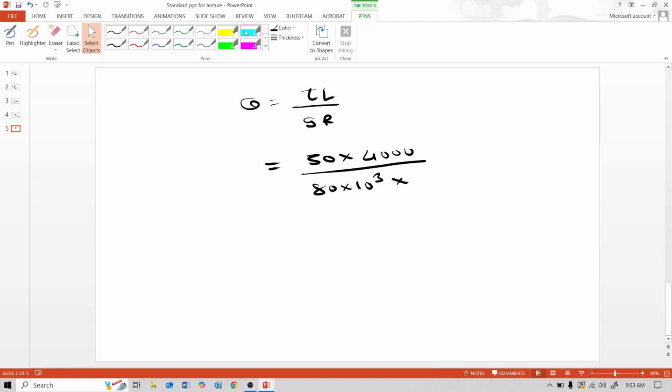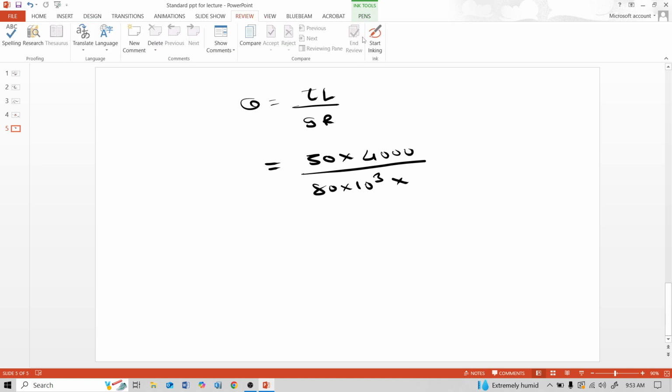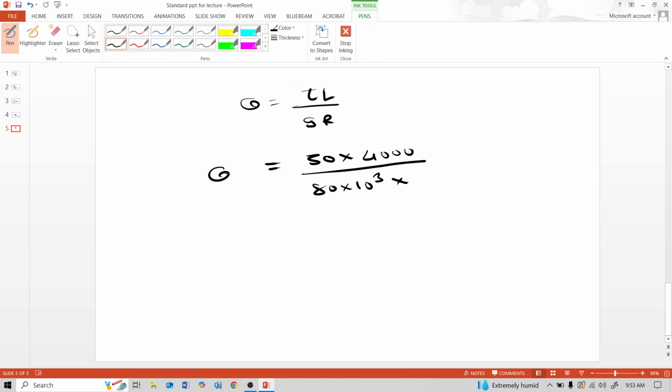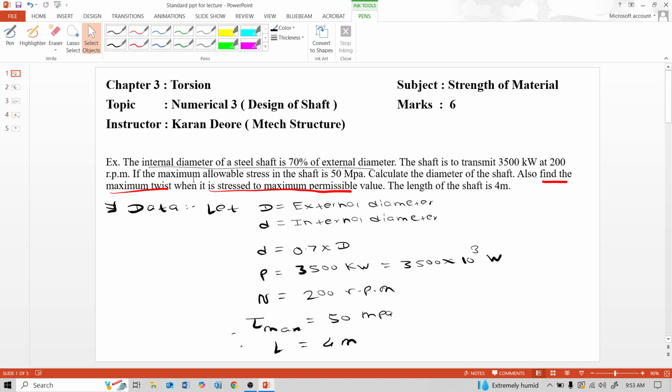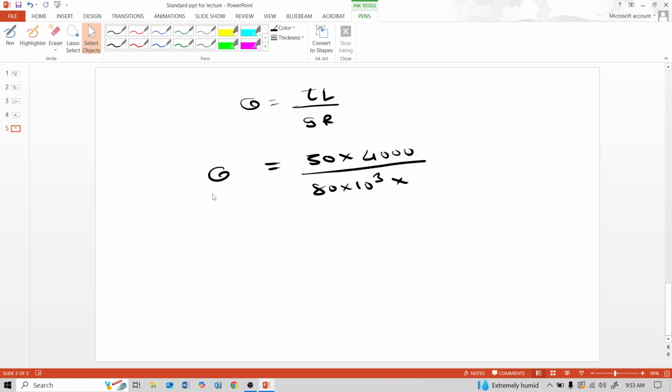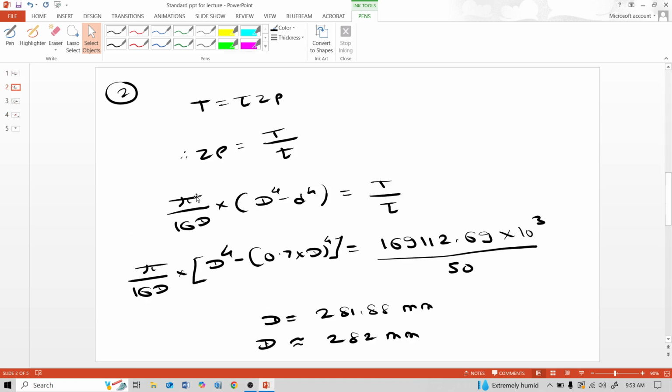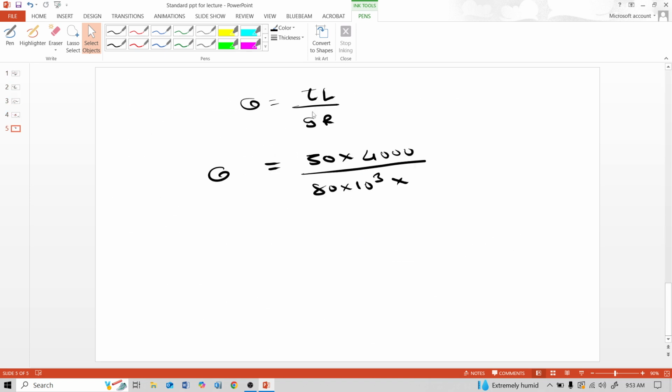So why do I choose the maximum diameter? Because we have to find the maximum angle of twist. That's why I use the maximum stress and maximum radius.